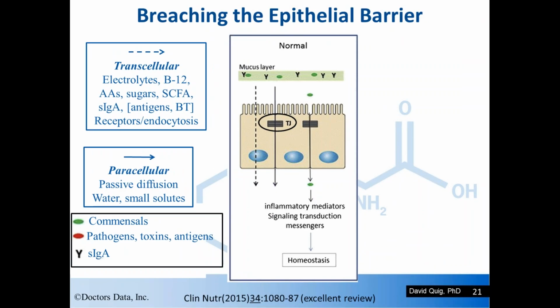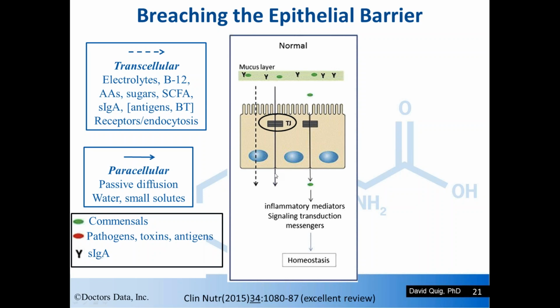Now, when we talk about breaching the epithelial barriers, finally we're down to the epithelial cell physical barrier. Here we have transcellular movement of things like electrolytes, B12, amino acids, sugars, and short-chain fatty acids through receptor-mediated processes, as opposed to paracellular transport of molecules such as water and small solutes, that is through the pores of the tight junction proteins.